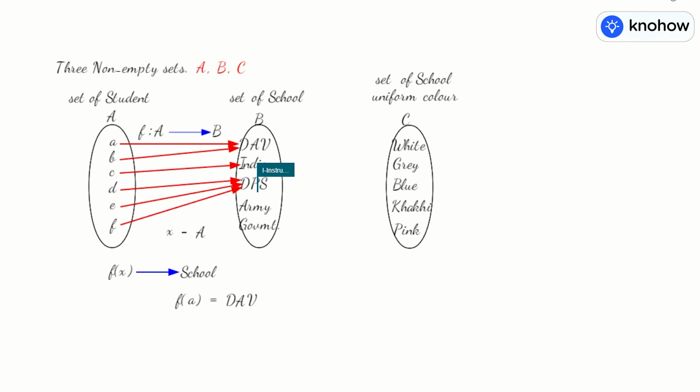Now I define another function g from set B to C. And what does g do? If I denote the element of B by y, then it associates to each school y the color of the uniform, an element of set C. For example, the DAV school uniform is of white color.